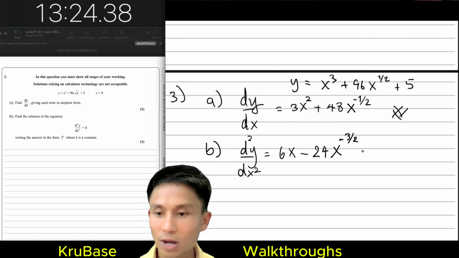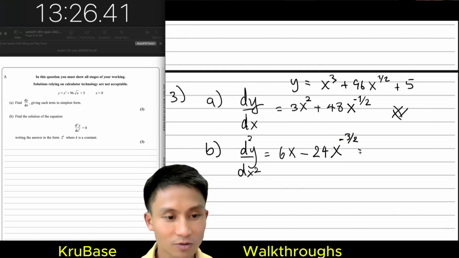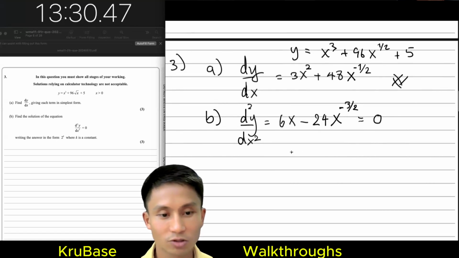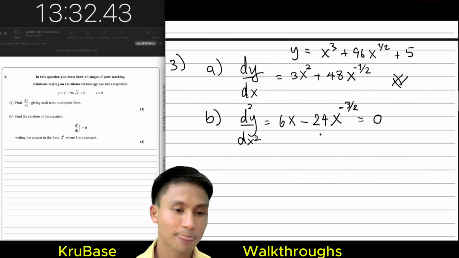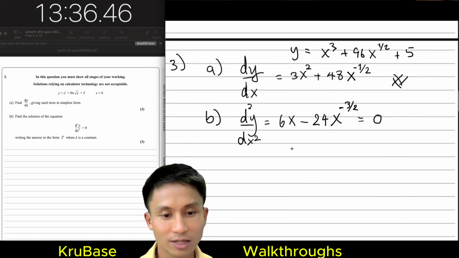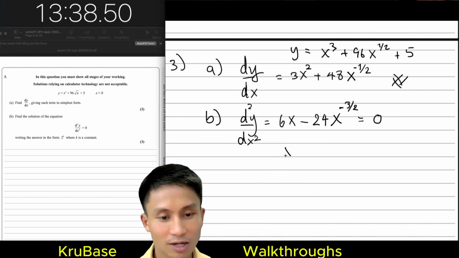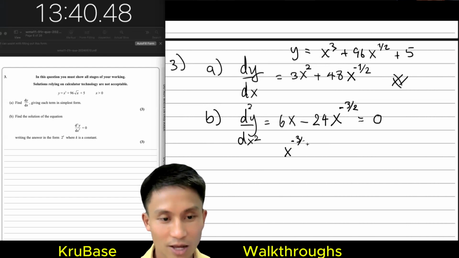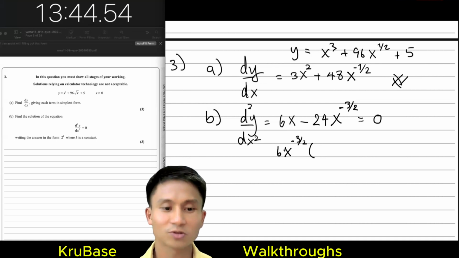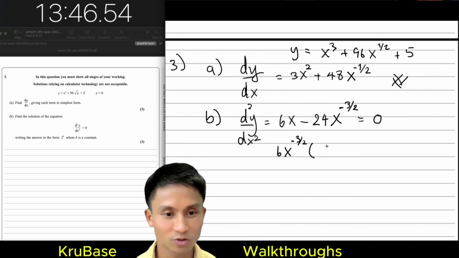Now, we've got to equate this to 0, right? And find the solution. So we equate that to 0, and then find the solution. In the first step, maybe change everything here. Well, actually, let's factorize, right? So I'm going to factorize x to the minus 3 over 2 out, and also 6 as well. So 6x to the minus 3 over 2.